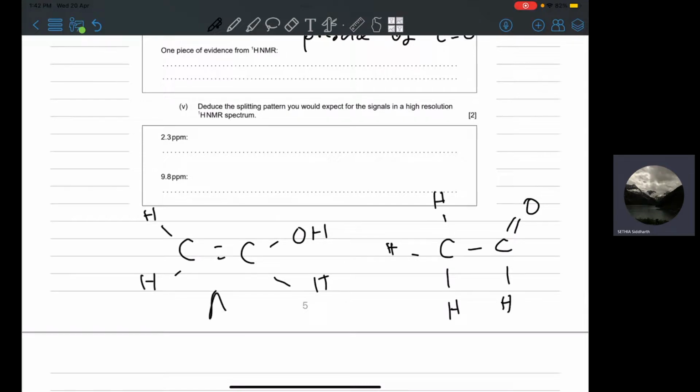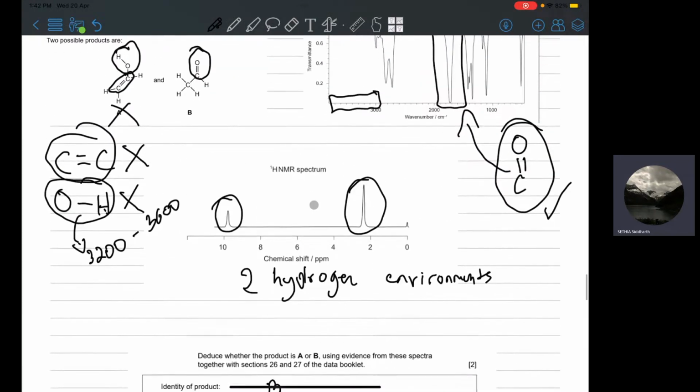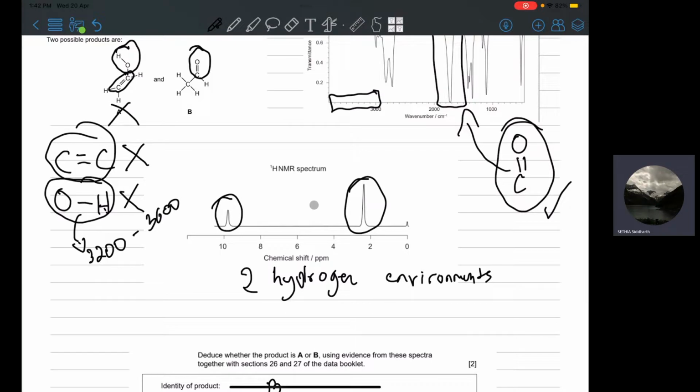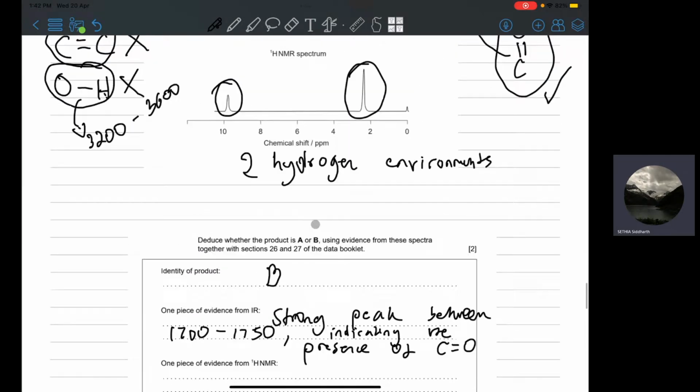So these are our two molecules. We know based off of the HNMR spectrum that this mystery compound has two hydrogen environments as indicated by these peaks. Let's count the number of hydrogen environments in each one of these molecules.